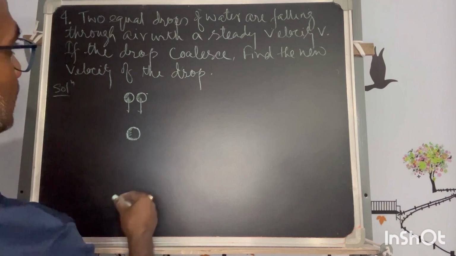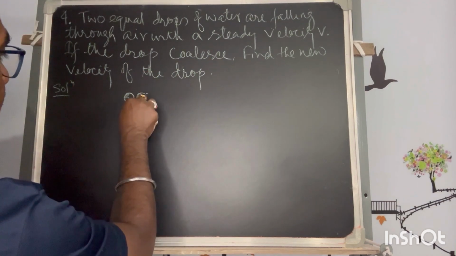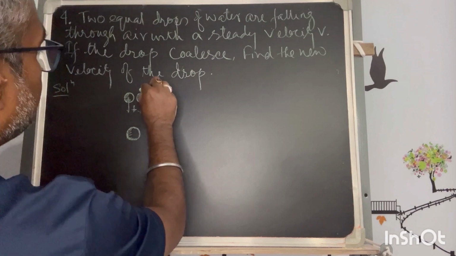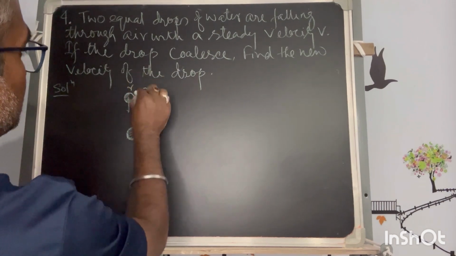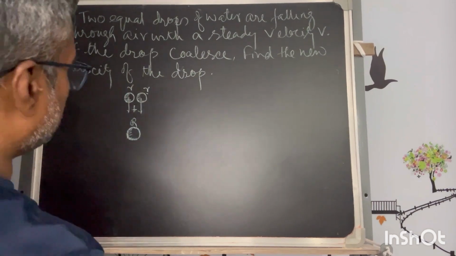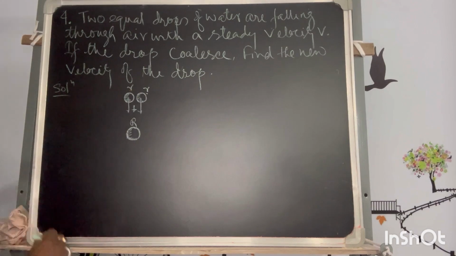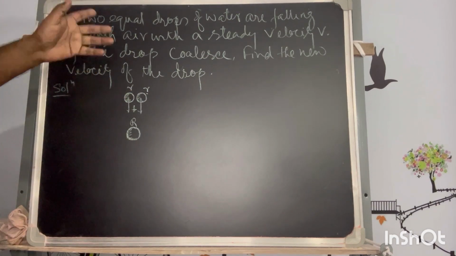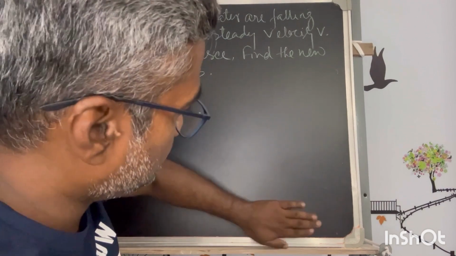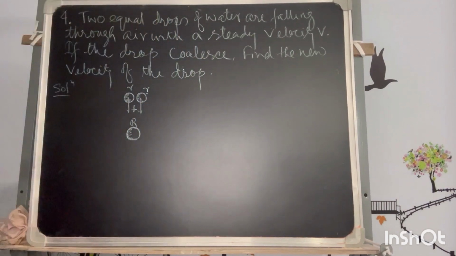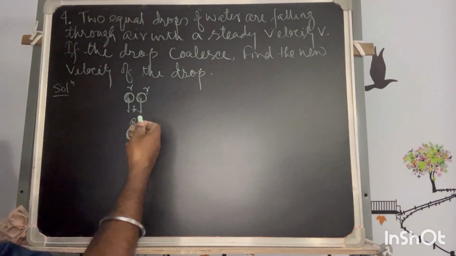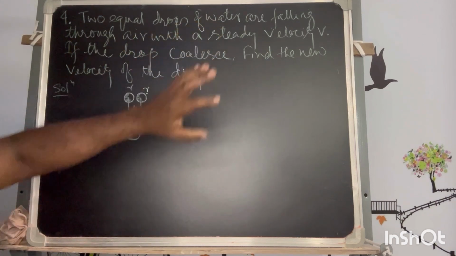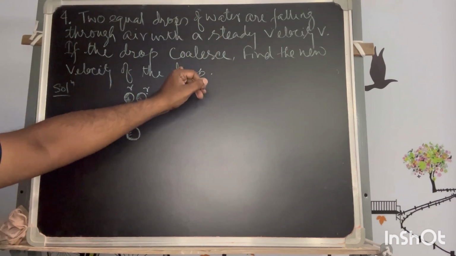Coalesce means they are combined, added together. Let's say the radius of each is r. As these are of equal size and being combined, we can assume there is no mass loss, and the droplets are not changing their densities, because that is not mentioned.